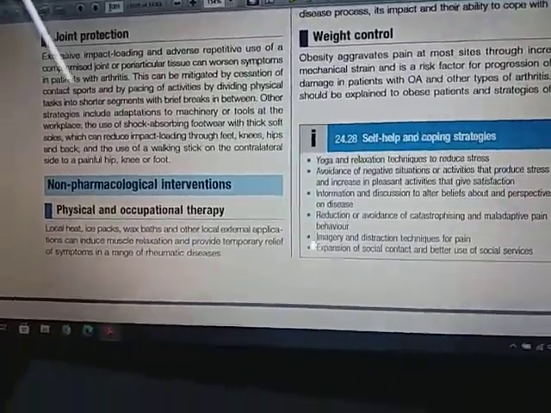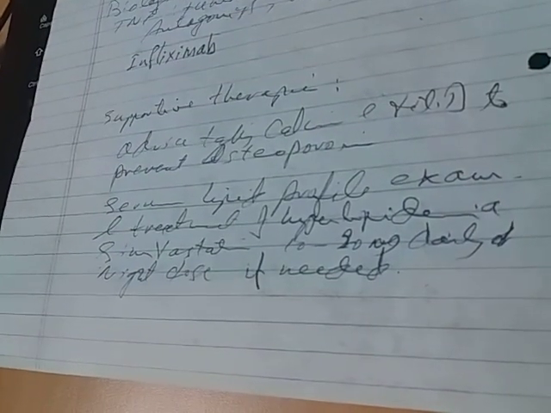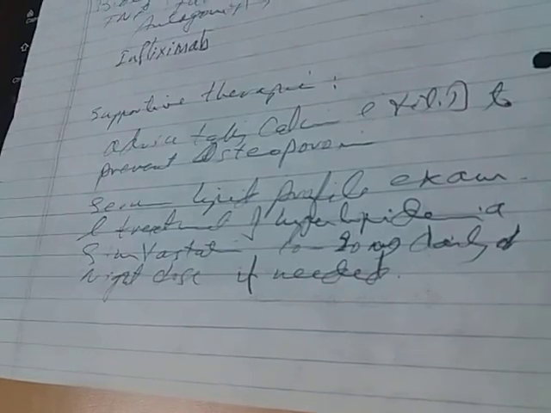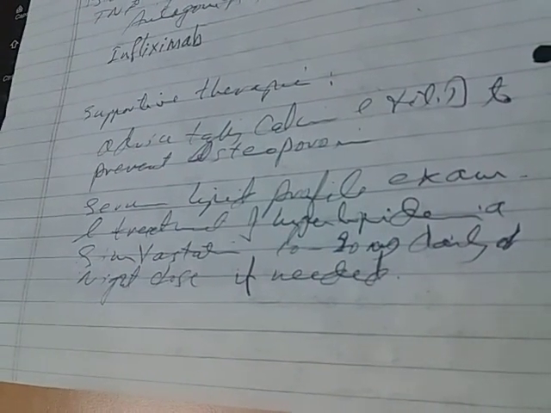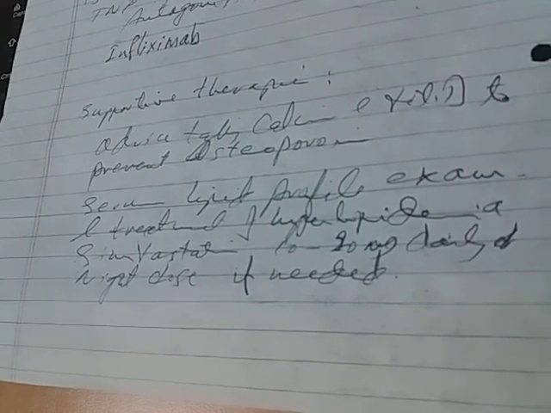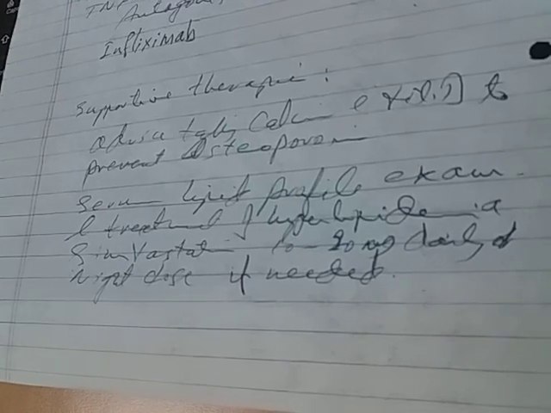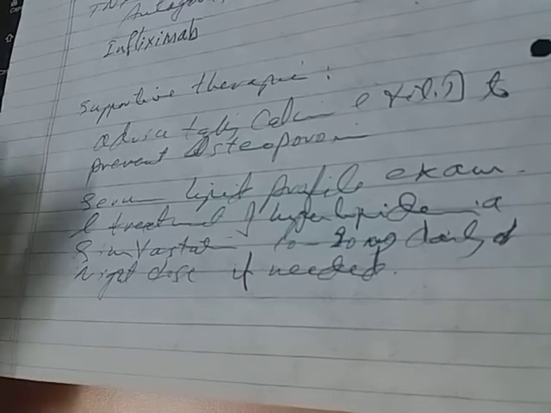Supportive therapy: advise the patient to take calcium and vitamin D to prevent osteoporosis, serum lipid profile examination and treatment of hyperlipidemia, and also the treatment of anemia.